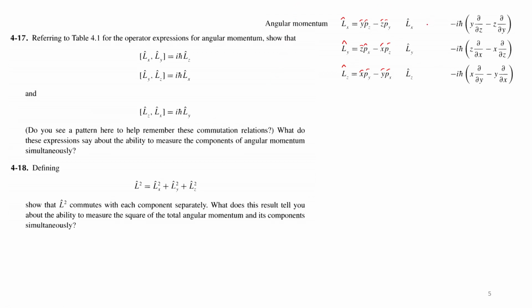How did we get these things? You can remember it this way: Lx, Ly, Lz, and then x, y, z, and px, py, pz. From here you can actually do this.